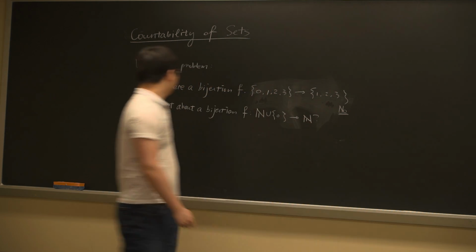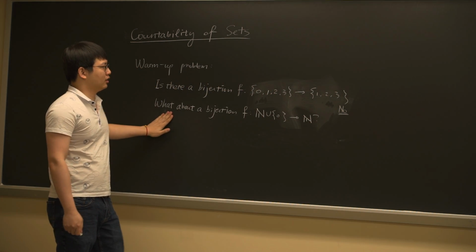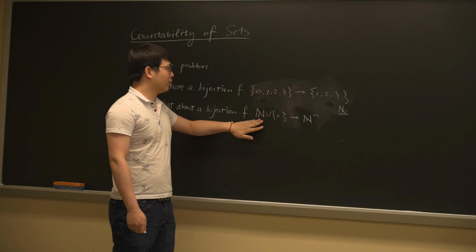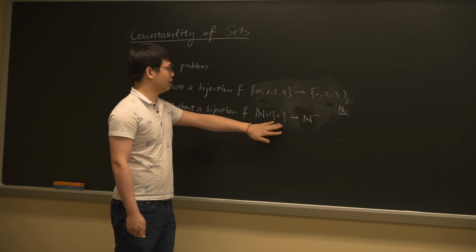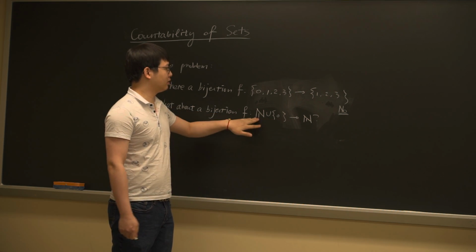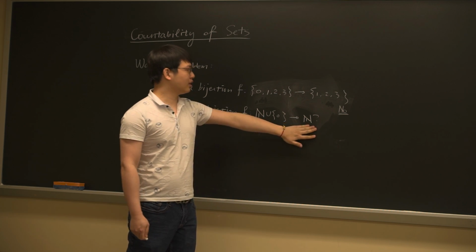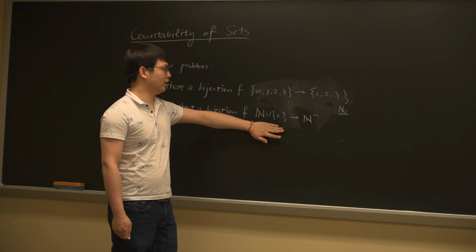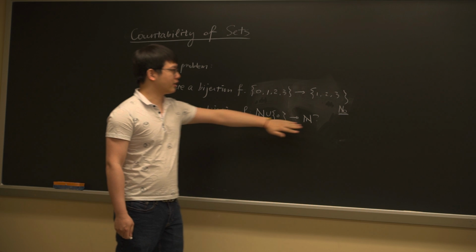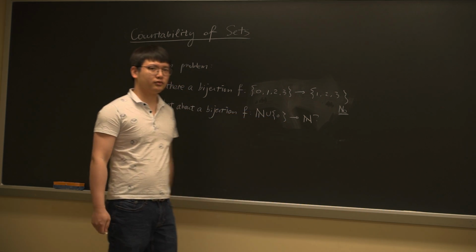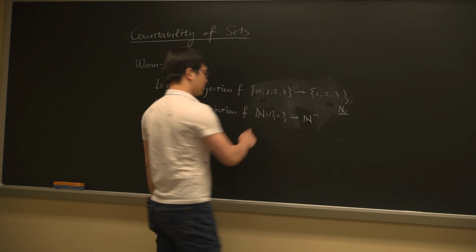Okay. What about this one? This one where we union an extra element 0 into the set of natural numbers, right? So the natural numbers are a subset of this set, adjoining 0. But is there a bijection map here? Well, the quick answer is actually yes.